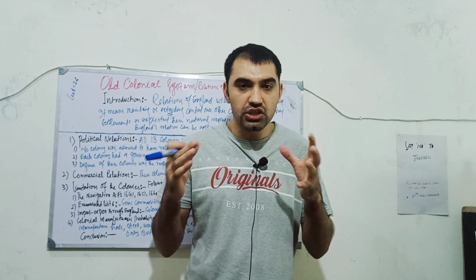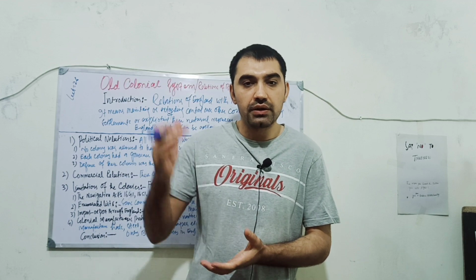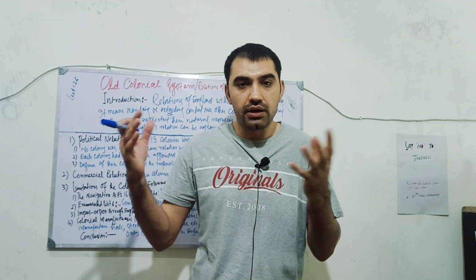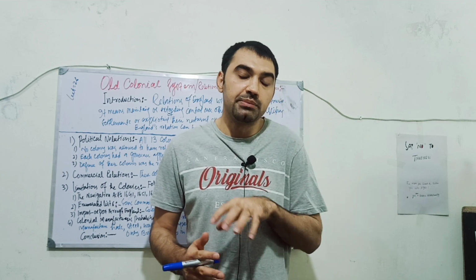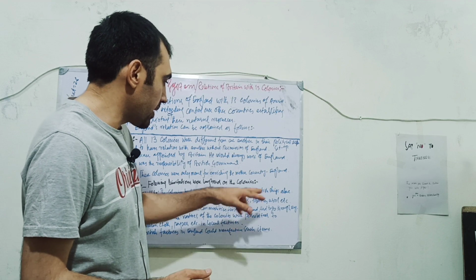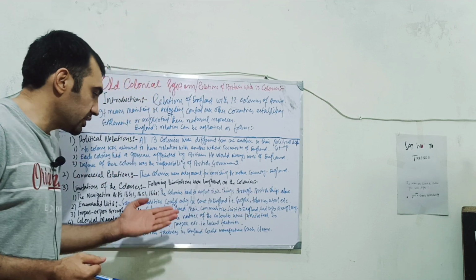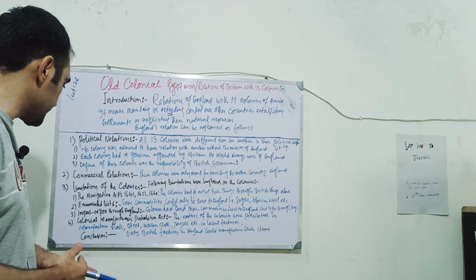So there was a long list showing that these commodities, like sugar, tobacco, wool, would only be sent to England.